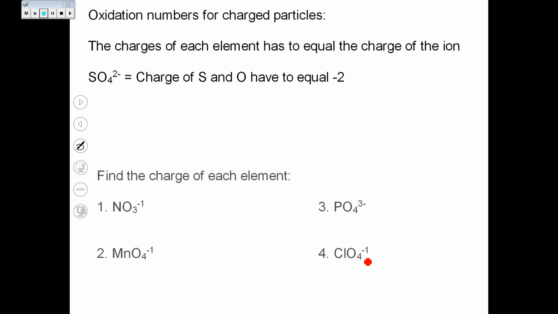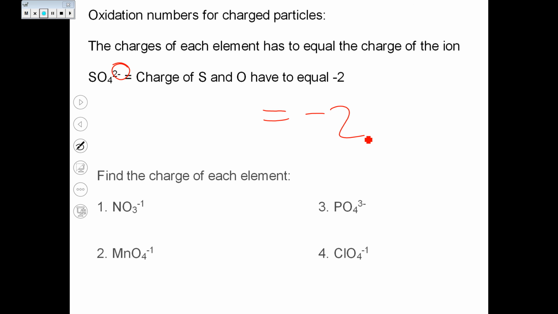Oxidation numbers for charged particles. The charges on each element have to equal the charge of the ion. So if you have a polyatomic ion, you're going to do the same thing as we were doing in the previous slide. But instead of adding up to 0, for a polyatomic ion, it has to add up to the overall charge on the ion.